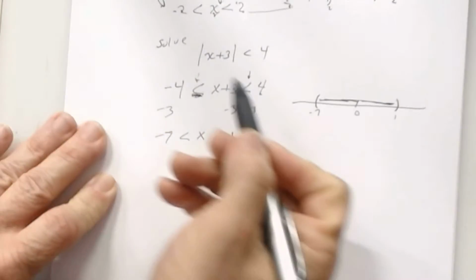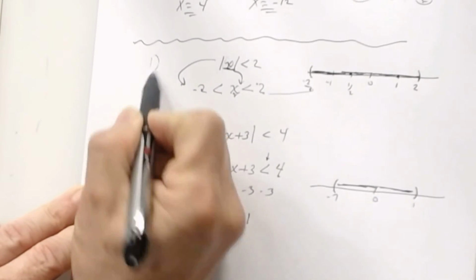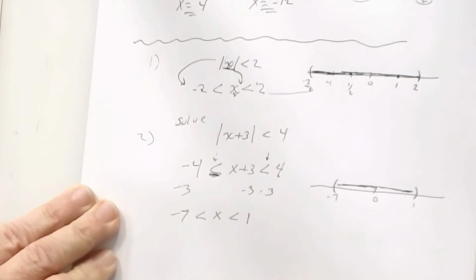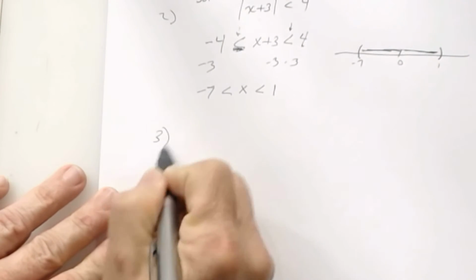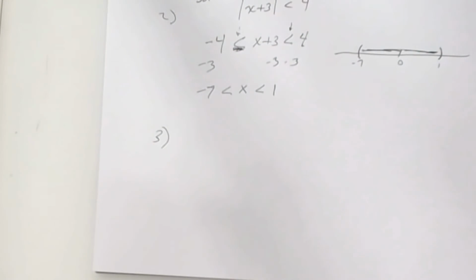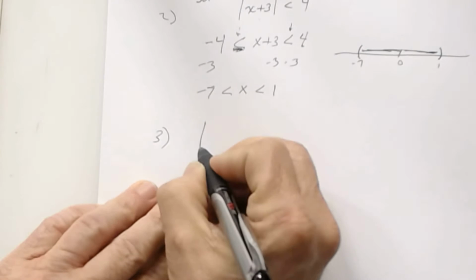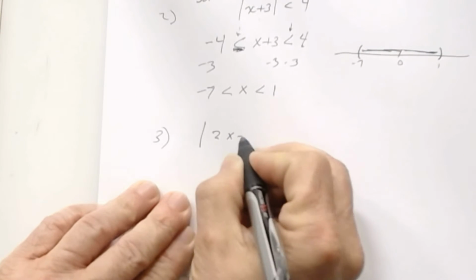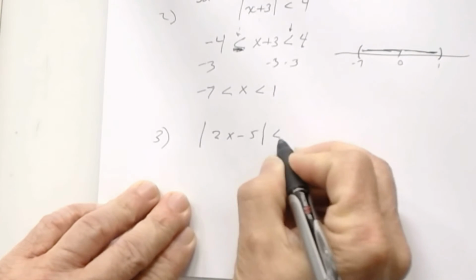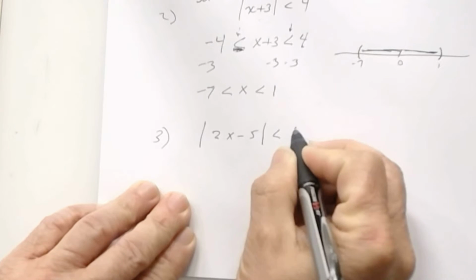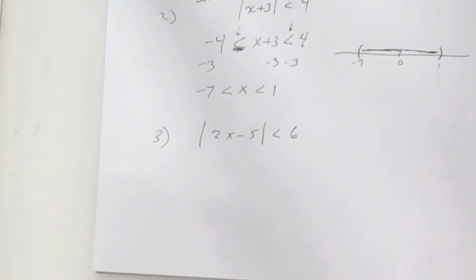All right, let's look at this one. I'm going to write this as number 1. This will be number 2. All right, let's solve number 3. Suppose we had the absolute value of 2x minus 5 is less than, let's say, 6. I need you to rewrite it. It's an absolute value less than.